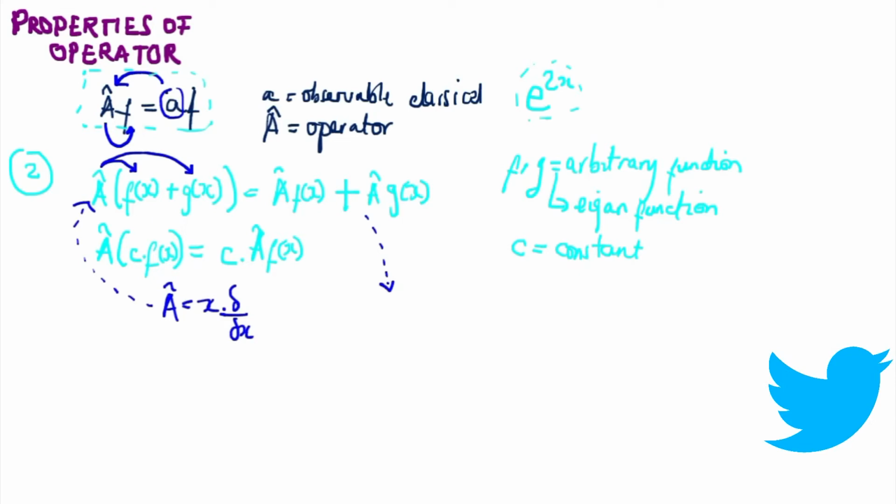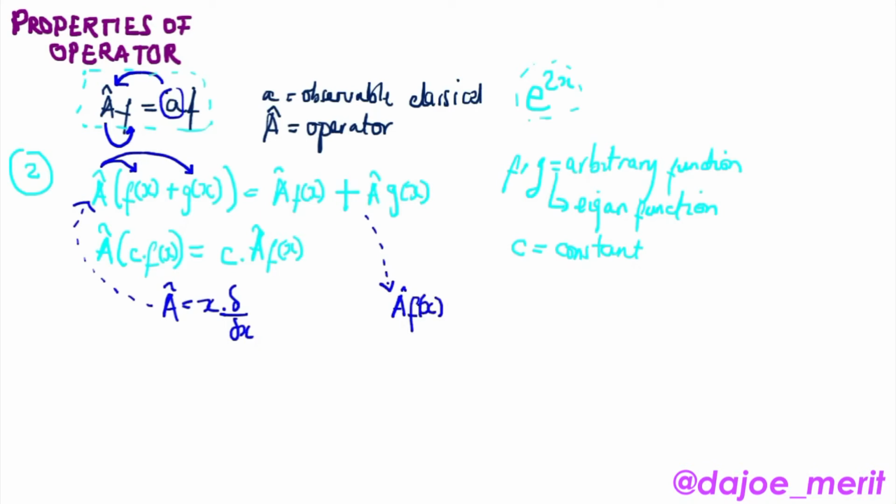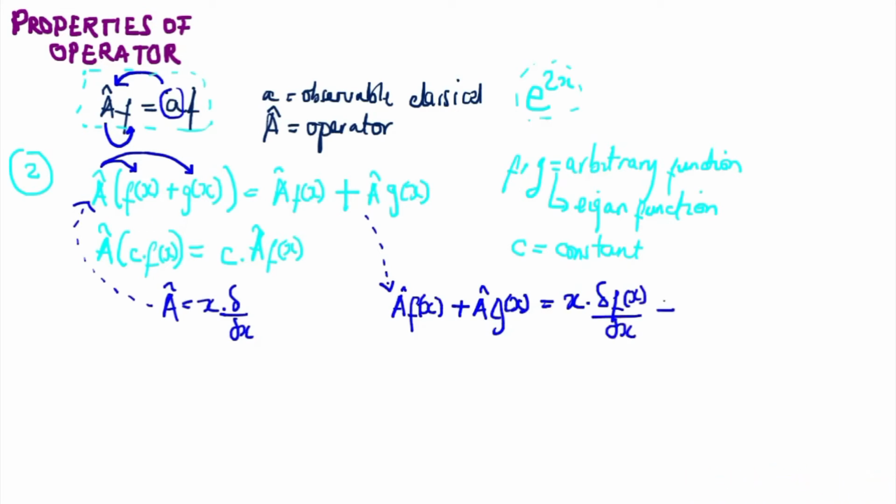In this case, A is going to be multiplied by our f of x function plus our operator acting on our g of x function, and that results in, by substitution, x multiplied by d applied to the f of x function over dx plus x multiplied by d applied to our g of x over dx. So this operator is applied to our function to generate an observable that is a great representation of our A function.